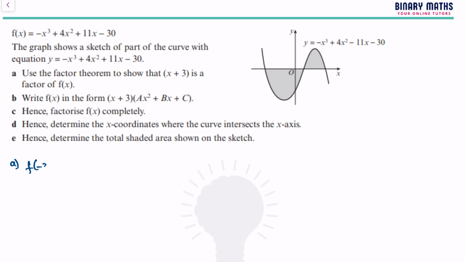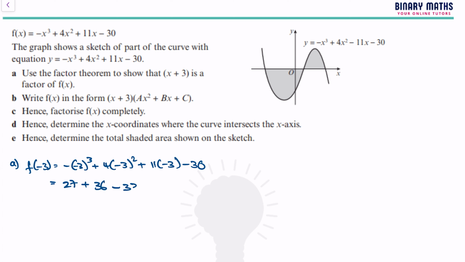f of minus 3 is equal to minus 3 cubed plus 4 times minus 3 squared plus 11 times minus 3 take away 30. Minus 3 cubed is negative 27, but multiplying by minus 1 gives me plus 27. 4 times minus 3 all squared is 36.